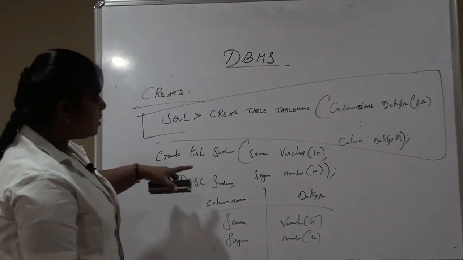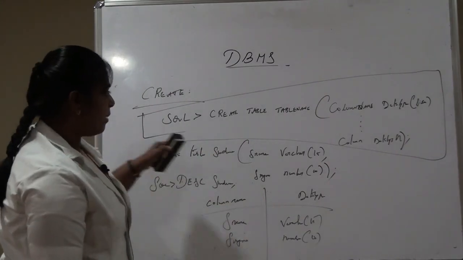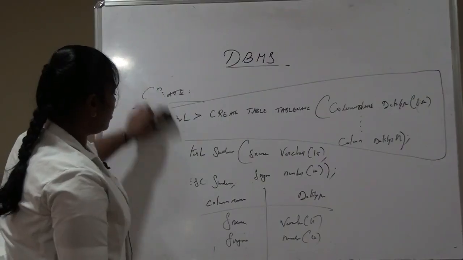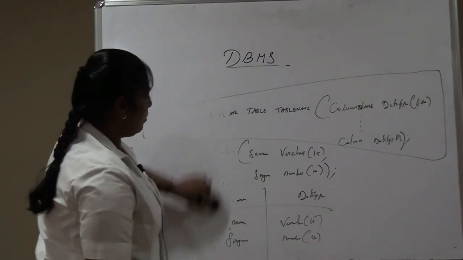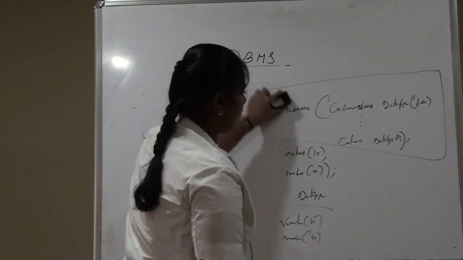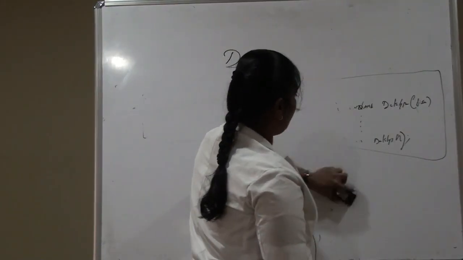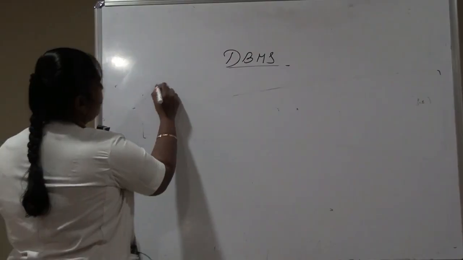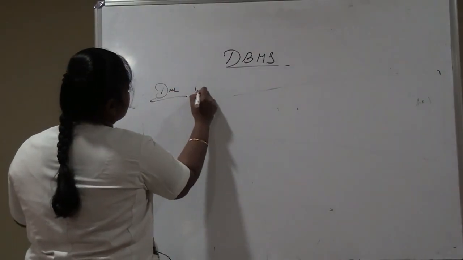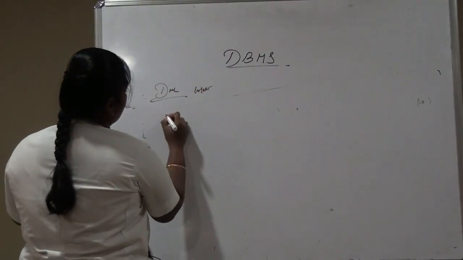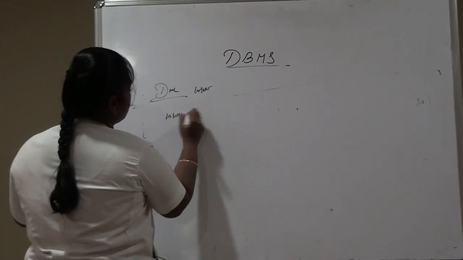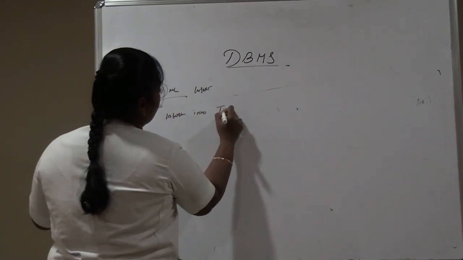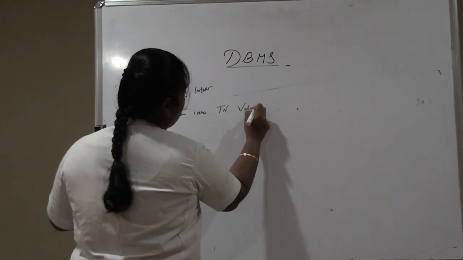Then how to insert the details for the S name as well? Insert means we have to go for the DML, data manipulation language query. How are you going to manipulate your corresponding queries? How to represent the DML insert? We have to use insert into table name values.